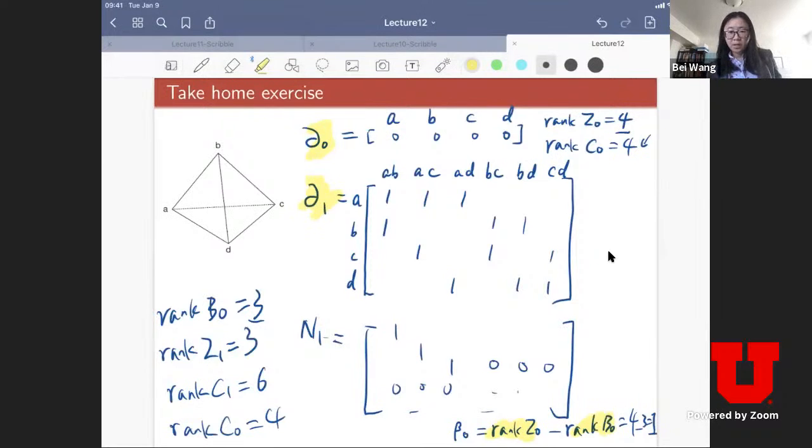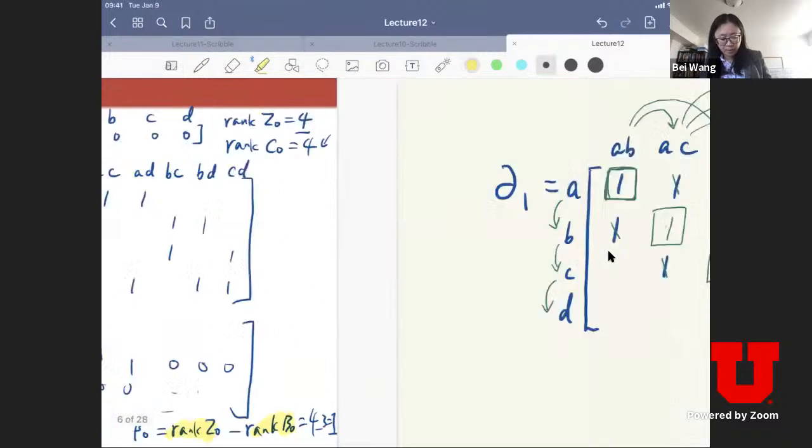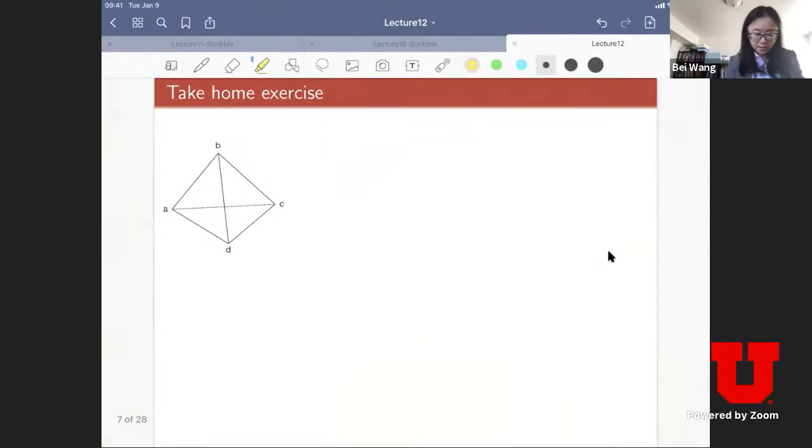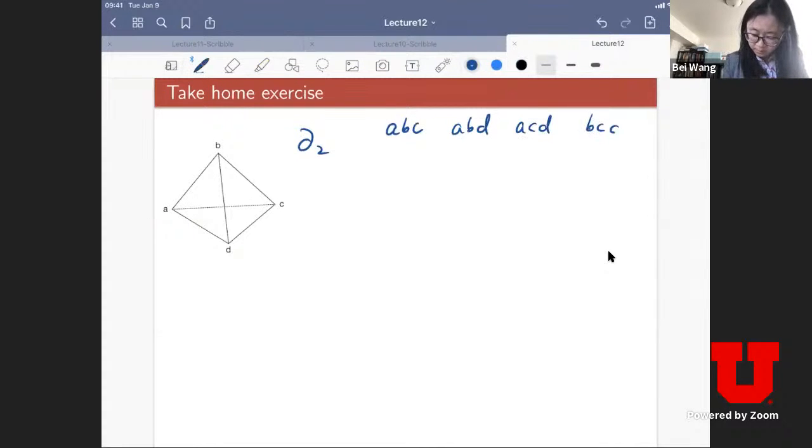Okay. Now, of course, in order for me to compute beta 1, I need two matrices. So I need one more matrix. The one more matrix is of dimension two. The two-dimensional one is sigma 2, where the columns are now triangles and the rows are edges. So I have triangle ABC, triangle ABD, triangle ACD, and triangle BCD.